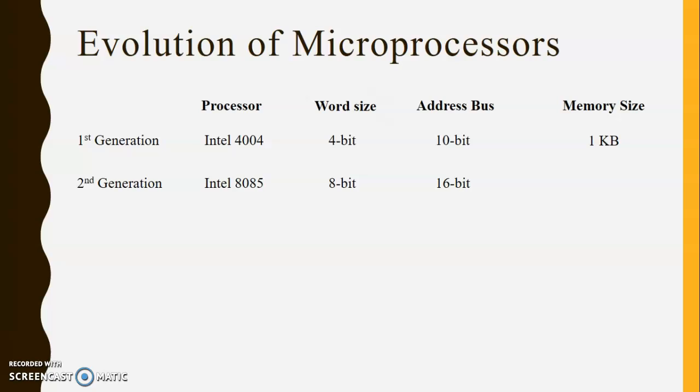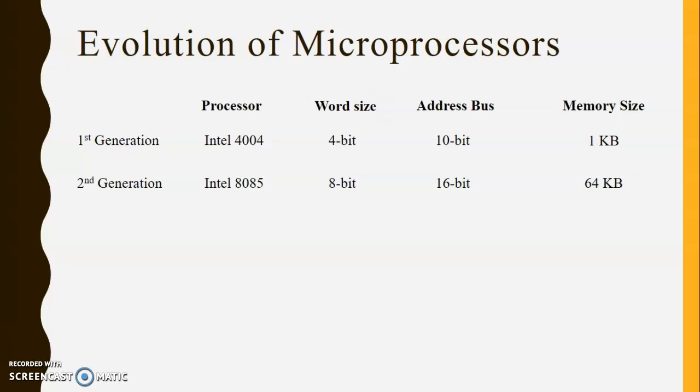Hence, again we apply the same formula. 2 raised to 16 is its memory size. 2 raised to 16 can be split into two parts: 2 raised to 10 into 2 raised to 6. 2 raised to 10 is nothing but 1 kilobyte. What is 2 raised to 6? It is 64. So 1 kilobyte into 64 makes the memory size 64 kilobyte.